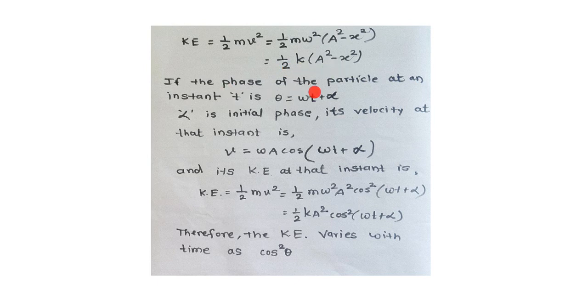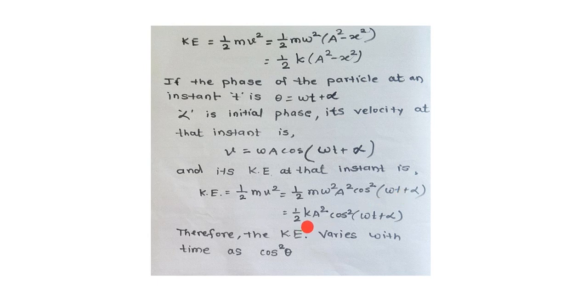The phase of the particle at an instant t is theta equals to omega t plus alpha. ये क्या है? फेज एंगल है ओमेगा टी प्लस अल्फा. Alpha is the initial phase and its velocity at that instant is v equals to omega a cos omega t plus alpha, and its kinetic energy at that instant is half m v square equals to half m omega square a square cos square of omega t plus alpha.